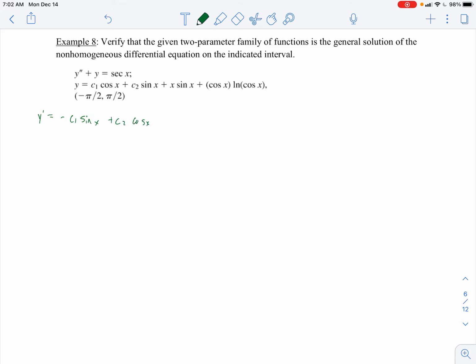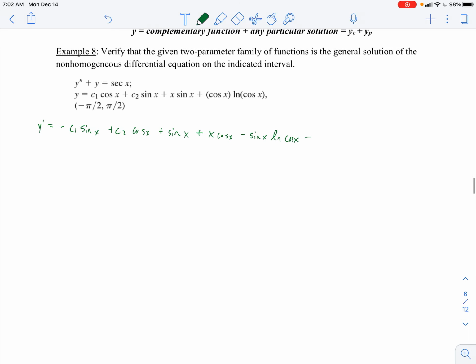Derivative of x sine x is going to be plus, take the derivative of x, which is 1, times sine of x, keep sine of x, plus x times the derivative of sine of x, which is cosine of x, so x cosine x, plus the derivative of cosine x, which is minus sine of x, times natural log cosine x, plus the derivative of, I'll keep the minus there, natural log cosine of x is just going to be minus sine of x over cosine x.